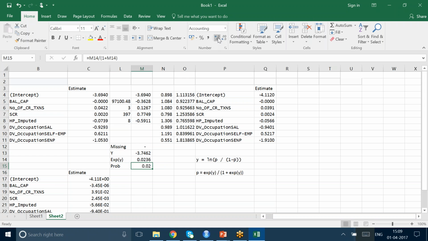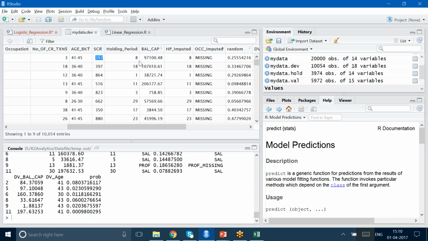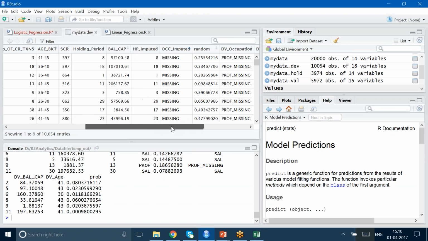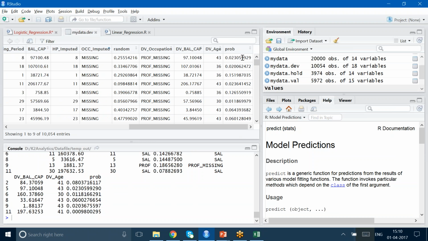Okay, this entire calculation gives 0.20231. Let us see whether our calculation has been right. 0.023 is a probability. You get the entire concept? So that equation, this is how you solve that, and you get the probability.